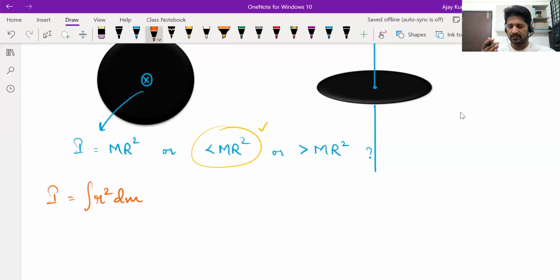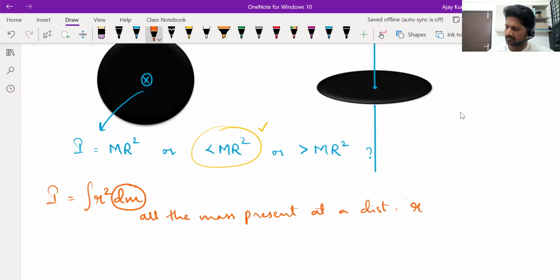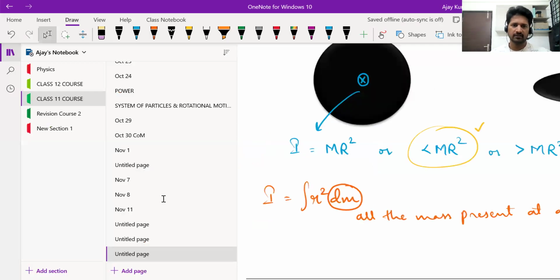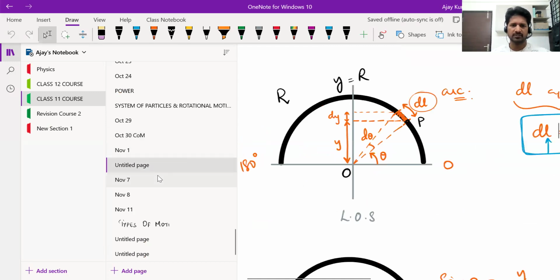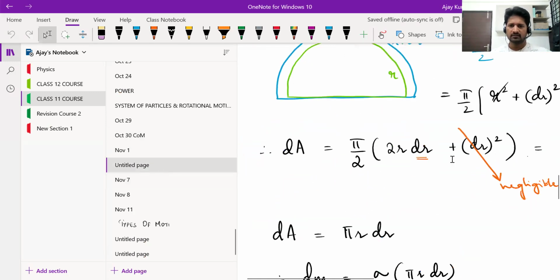You fix the distance r and then you can call dm as all the mass present at a distance r from the axis. Okay, you take an element, then take distance of element from the axis. That is one way to do. You take a distance first and see what all mass is present at that distance. Okay. In fact, if you remember, we had done something similar for center of mass also while deriving the center of mass of a semicircular disk and such things.